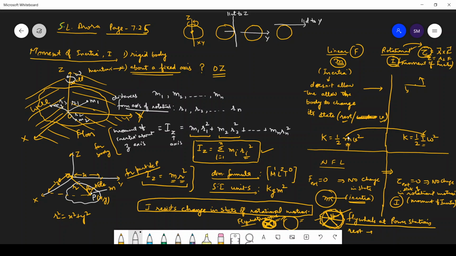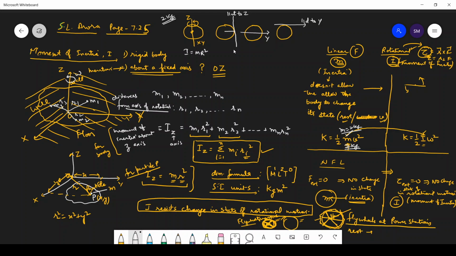So here the mass of this ring is 2 kg. So that 2 kg is fixed, m is equal to 2 kg. But if we are rotating this body, it will have different inertia. If we are rotating this way, inertia is equal to mr square.